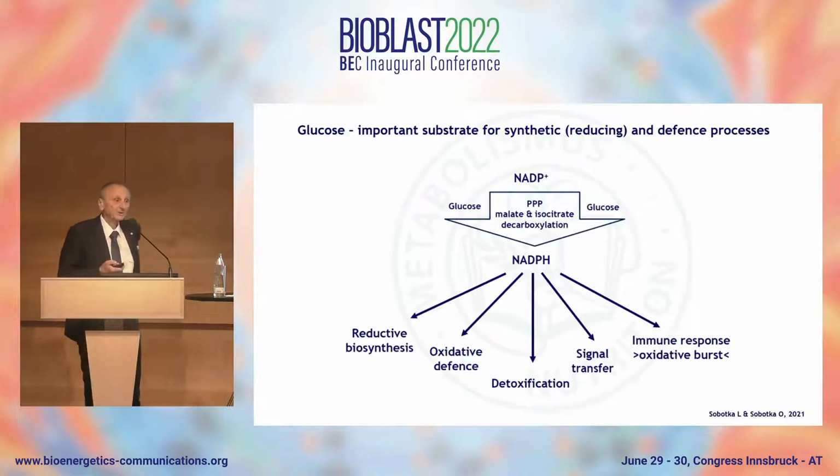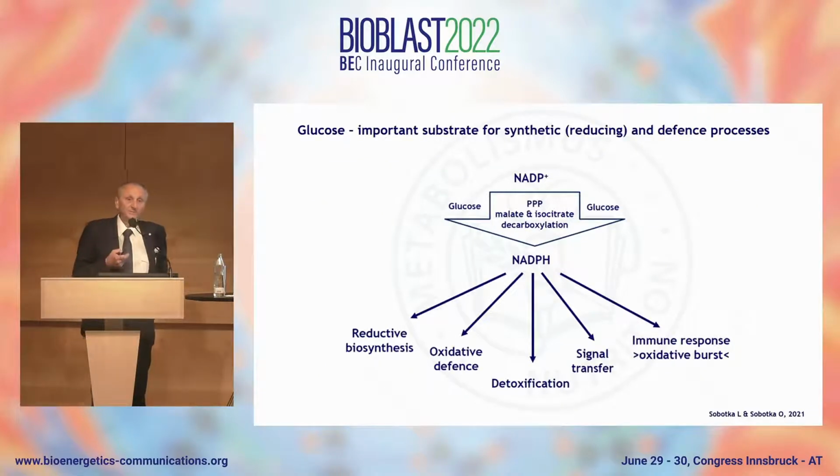And this NADPH is very important for many metabolic purposes, like reductive biosynthesis, because biosynthesis is mainly reduction, oxidative defense, also detoxification, signal transfer, immune response. And the main source for this NADPH is glucose or glucose metabolism: glucose in the pentose cycle, and malate and other substrates from glucose metabolism.